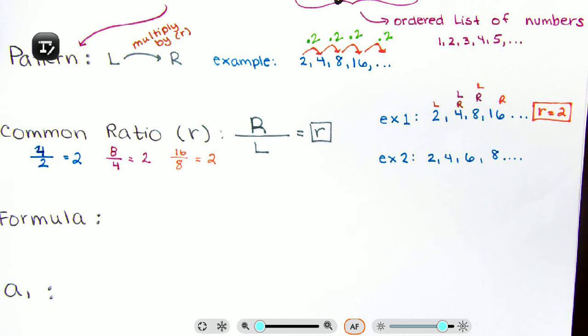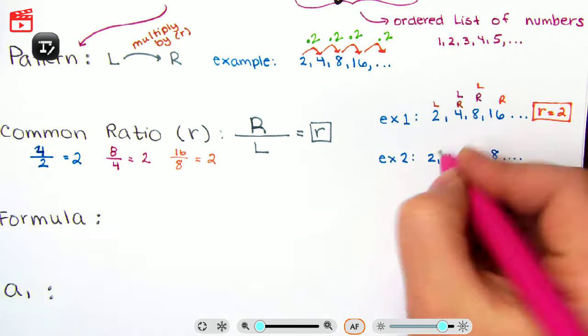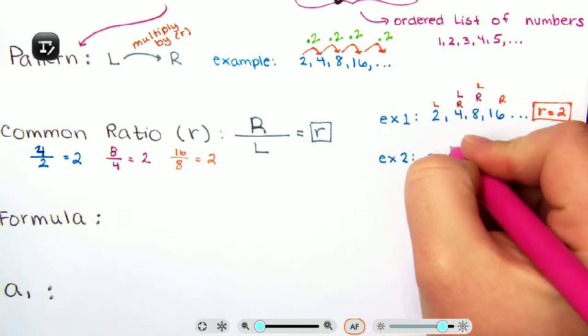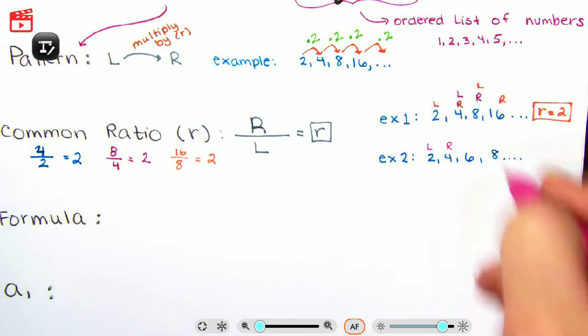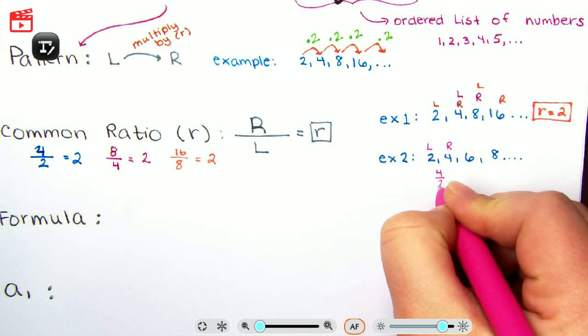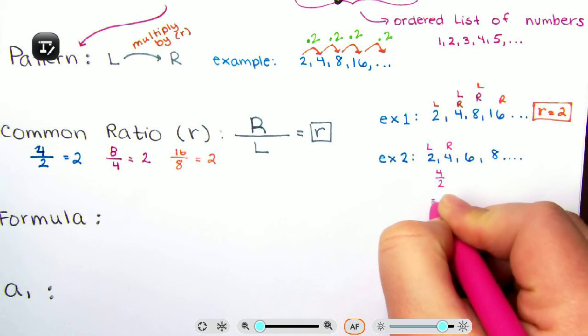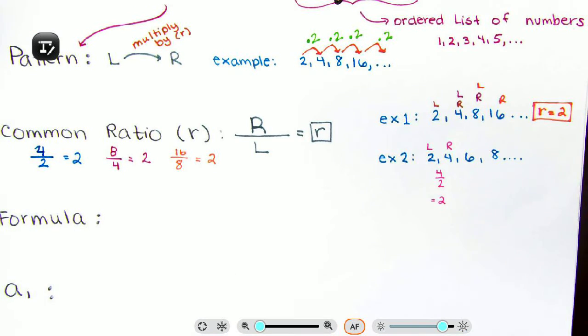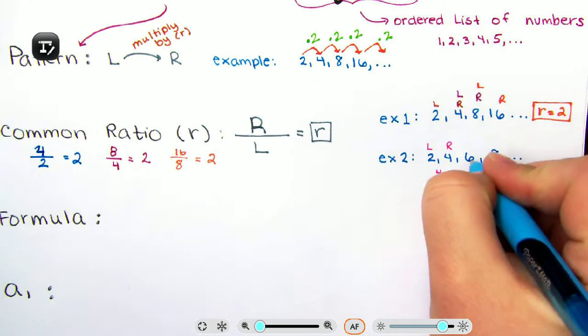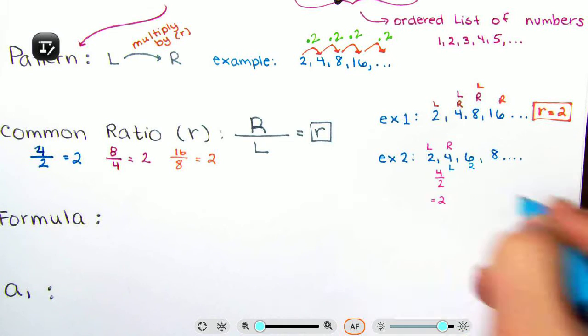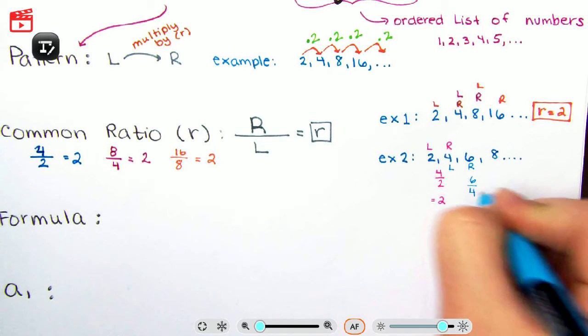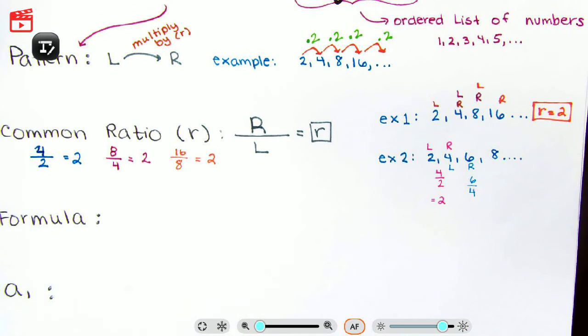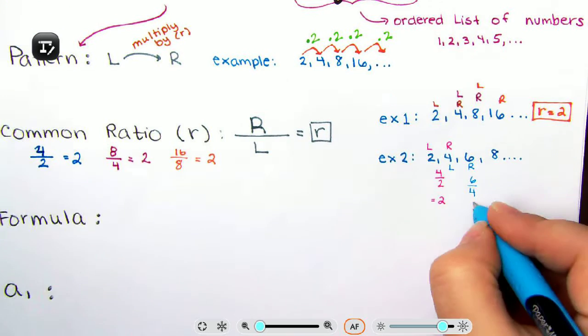Now let's see example number 2. It starts out the same. Here's my right, here's my left, so I have 4 divided by 2, which is equal to 2. So far so good. Then here's my right now, here's my left, so now I have 6 divided by 4. 6 divided by 4 is a fraction.